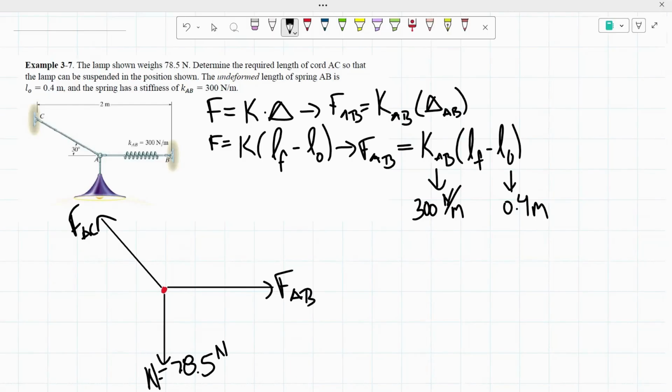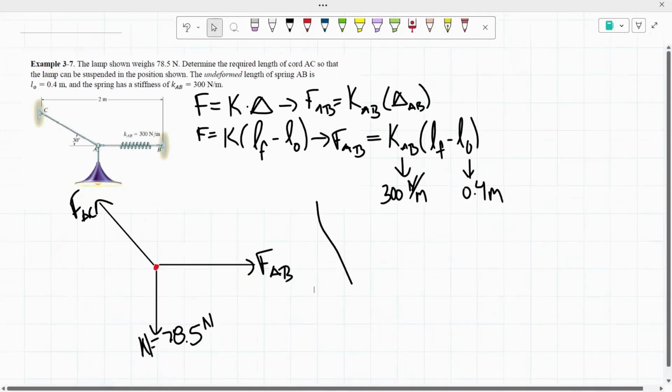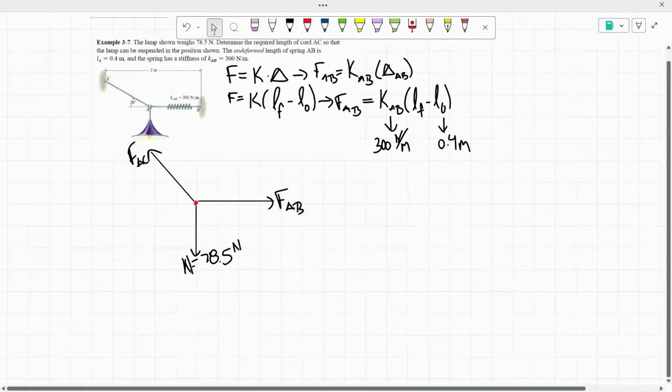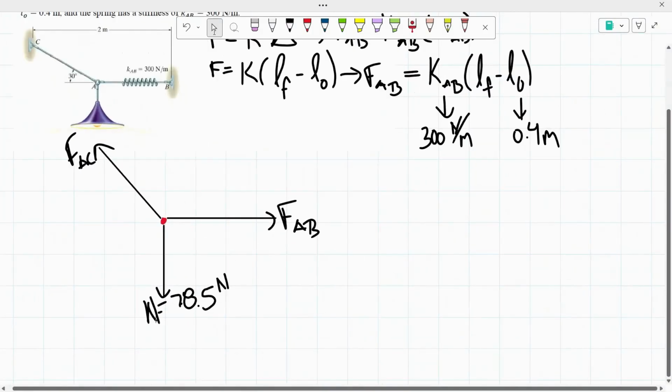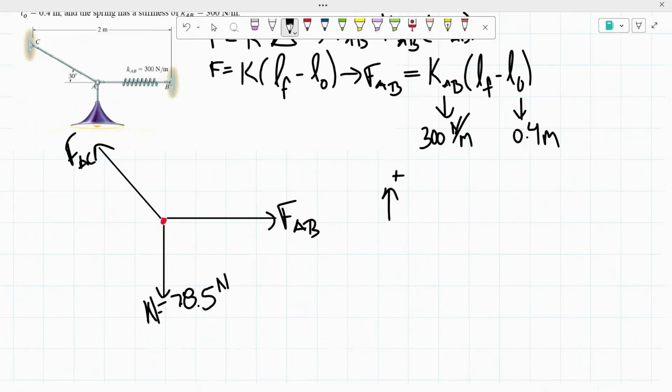So the next thing that we're going to do is make sure that our y and x components are in equilibrium. We're going to work with our y components. So we have the sum of our y components must equal 0. We know that F of AC is at an angle, so we have to find its y component.